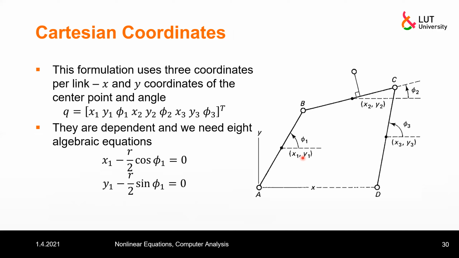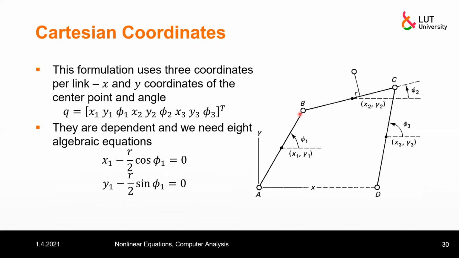We have a body, and we assign coordinates that fully describe it. To fully describe a body on the plane, we need 3 coordinates, and those coordinates, as shown here, are chosen as the x and y position of the center of mass, usually, like here the center of the link, and the angle with respect to the global reference frame.